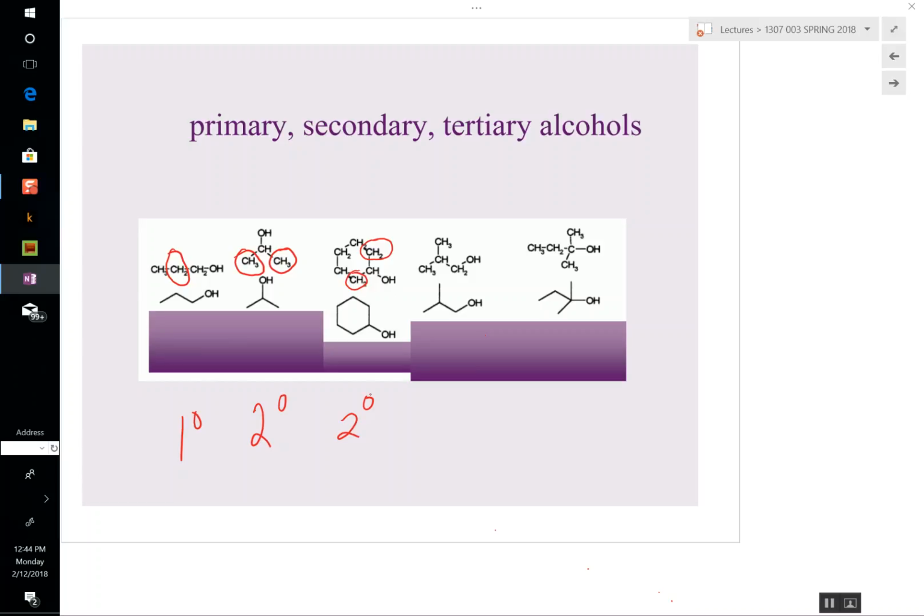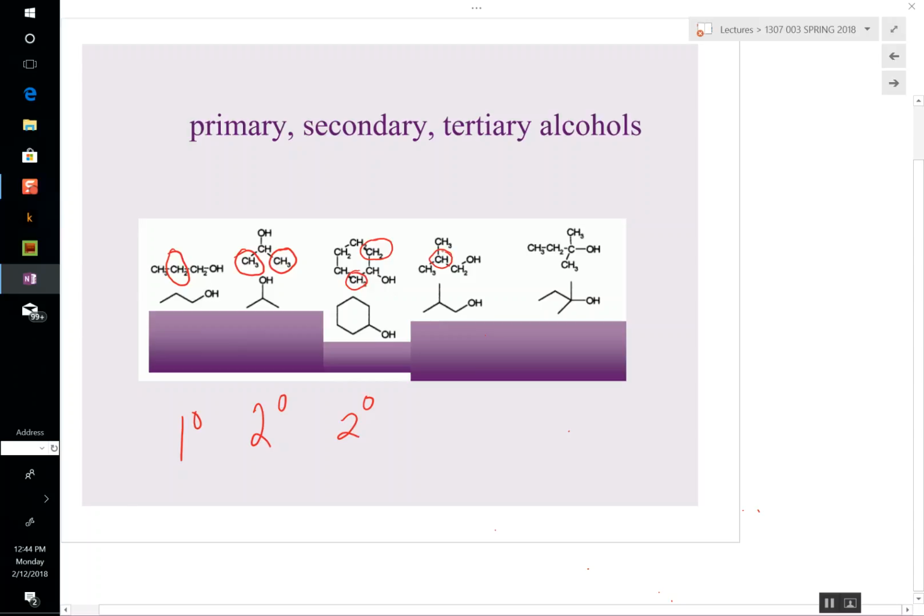Fourth one. Leah? Tertiary, right? No. And I know you're saying it with a little hesitation. Here's the carbon. So we got this carbon here, but there's only one carbon attached to it.